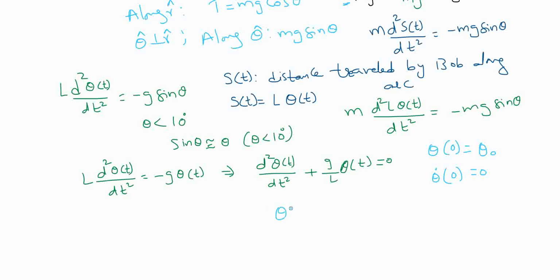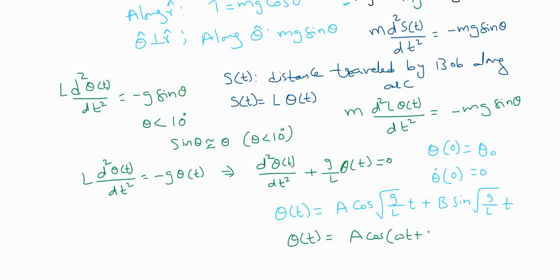Now, using these initial conditions, we have to solve this equation. If you solve, you will get theta of t equal to a cos of square root of g by l times t plus b sin of square root of g by l times t. This is one form of writing it, but we can also represent the solution as a cos of omega t plus phi.